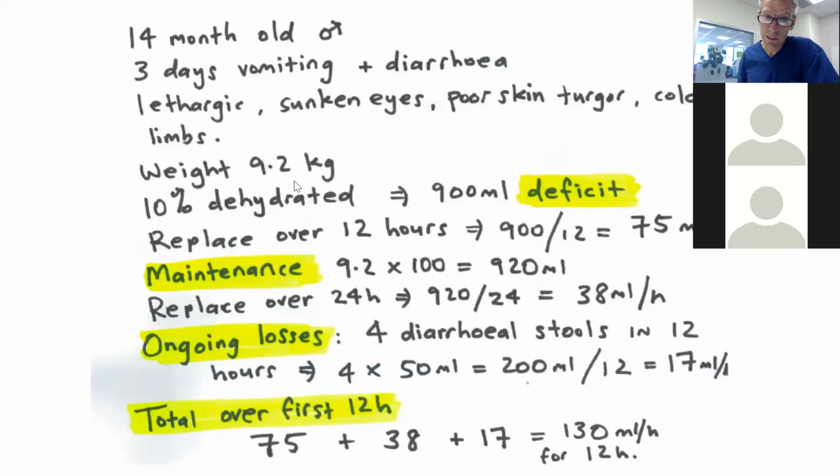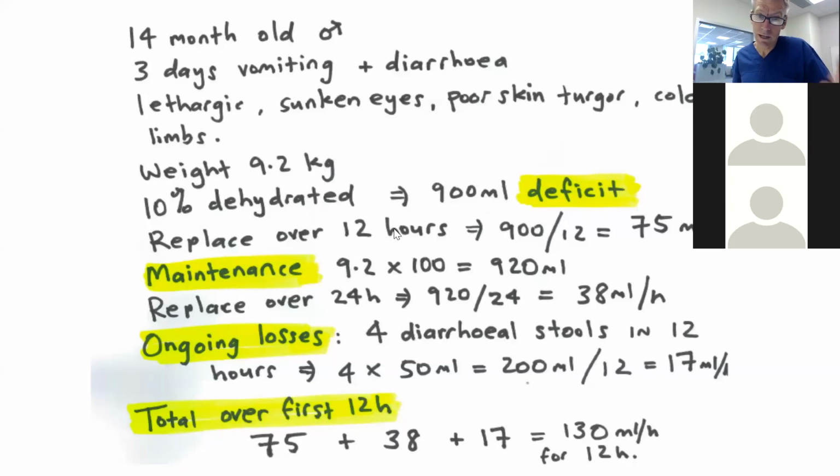And if a child's 10% dehydrated of 9.2 kilos, then they'll be 900 mils down, all right? 10% of 9.2 kilos, that's 9,200 mils, will be, roughly speaking, 900 mils. So their deficit, you know that you've got to replace at least 900 mils in the next 12 hours to catch up with their deficit.